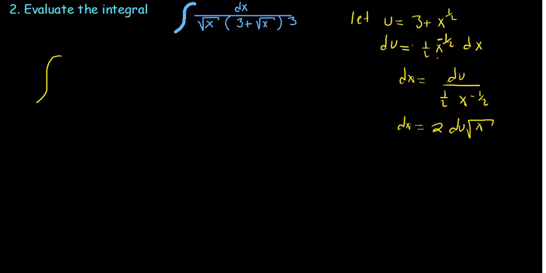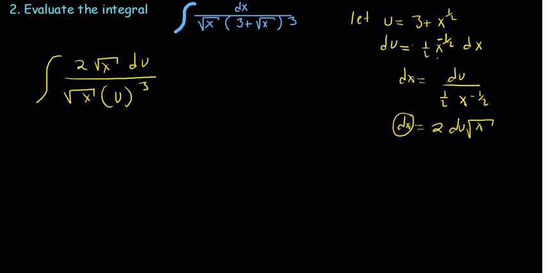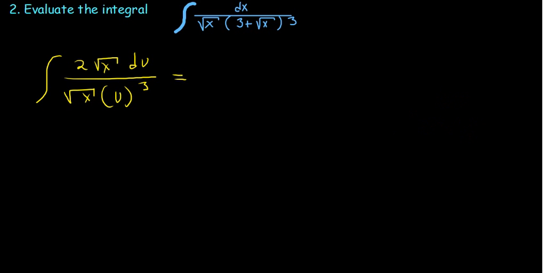That will be the integral of where there is dx, I'm going to put 2 root x du, and then divided by where there is 3 plus root of x, I'm going to put u, and that is raised to the power 3. So we can see that this term cancels with that term, so that leaves us with the integral of 2 divided by u to the power 3 du.